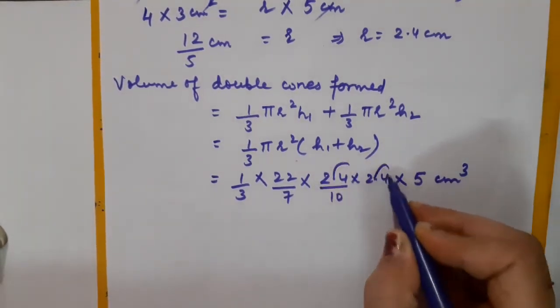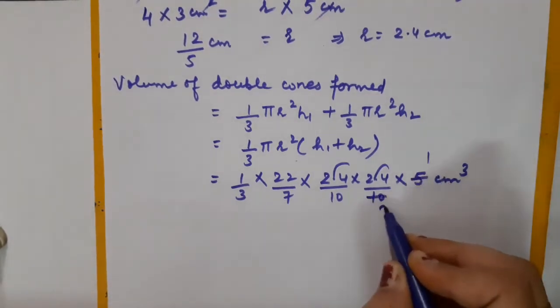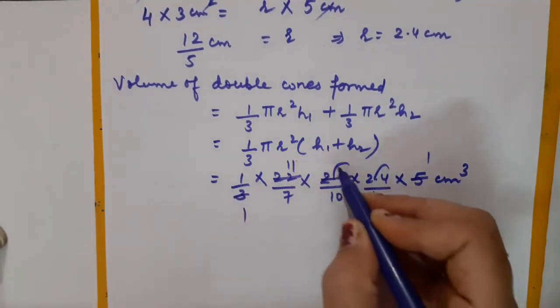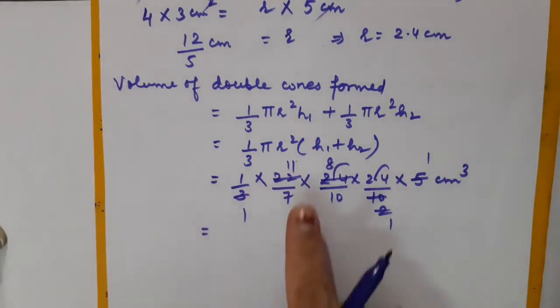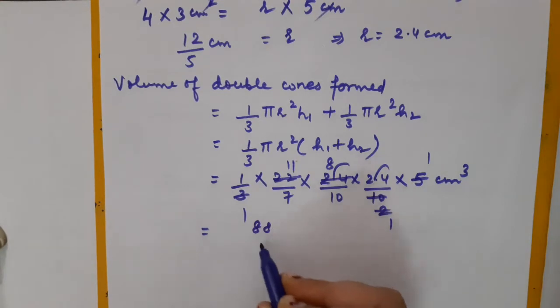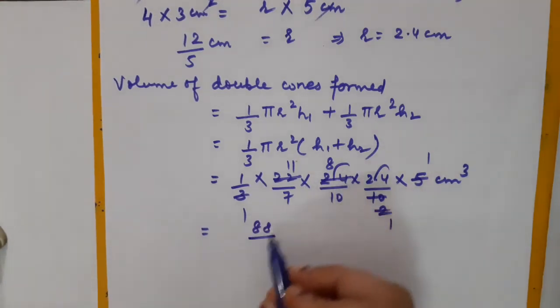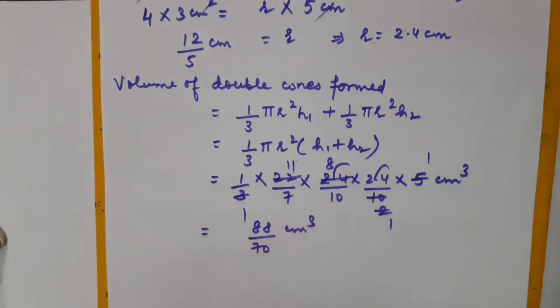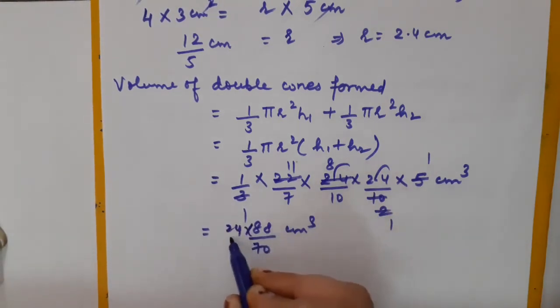While removing decimals, you will be getting 5 ones are 5, 5 twos are 10, 11s are, 3 ones are 3, 3 8s are 24. Correct? Anything else which is going to be cancelled? No. So it would become 88 upon 70 cubic centimeters. Beta, here 24 is also left, so into 24.